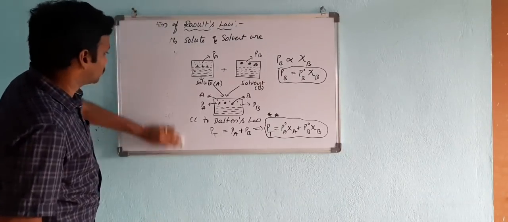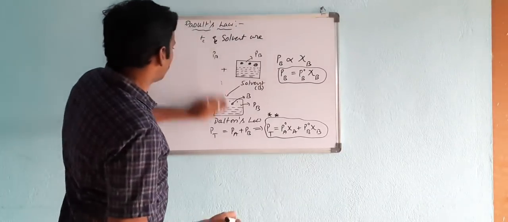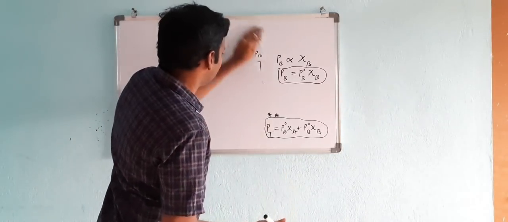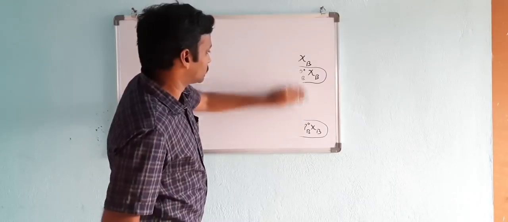Next, let's see some relation. You know, the sum of mole fractions is equal to 1. So you can consider xi A plus xi B is equal to 1.